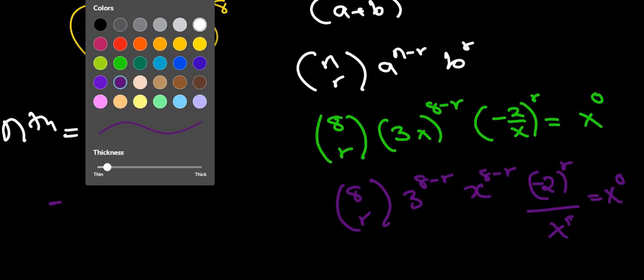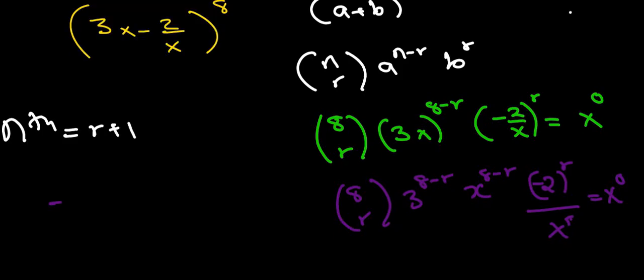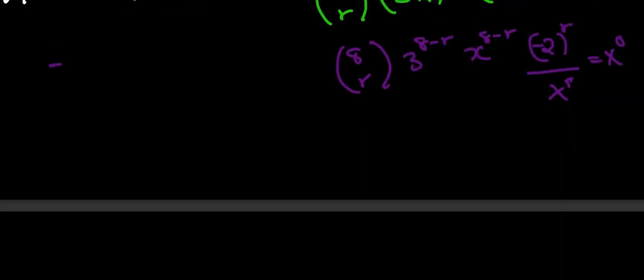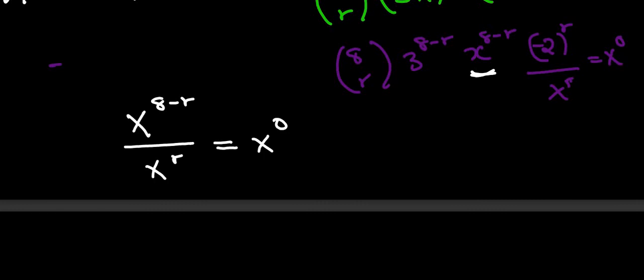This step is necessary because it will help you to ignore everything else and only get the portions that have x. This is the part that you're interested in, x to the power 8 minus r, and x to the power r, which is at the bottom, so we put it at the bottom. Equate it to x to the power 0.